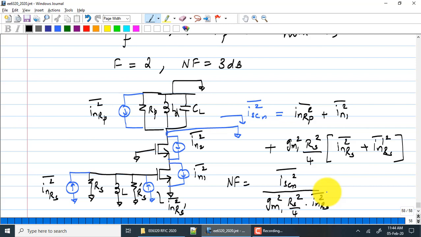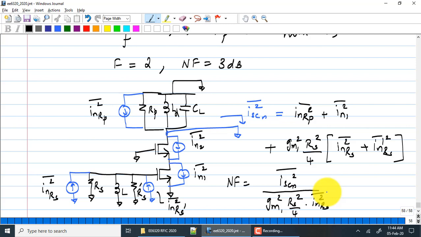Up here, look at the noise transfer function for INRS squared and INRS prime squared; it is exactly the same. Either one of these two currents first generates a voltage here by flowing into the parallel combination of RS and RS prime. You can assume that RS prime and RS have the same value because the LNA is input matched. If it is mismatched, you can find out the exact term also. But the effective resistance is RS by 2.